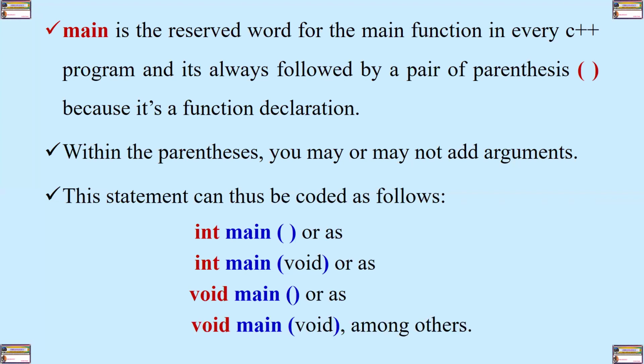And then we have void main with void in the parentheses. Now this statement and this one are similar. It simply means that this function called main is not receiving any parameter. That is why the word void is enclosed in parentheses, and it is not expected to return any value. That's why it is the word void.